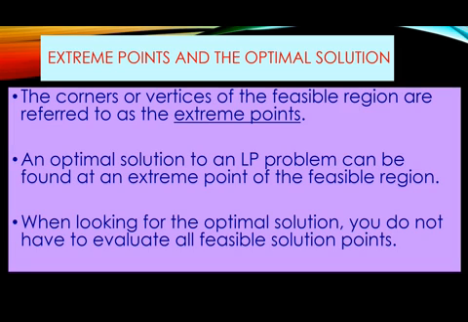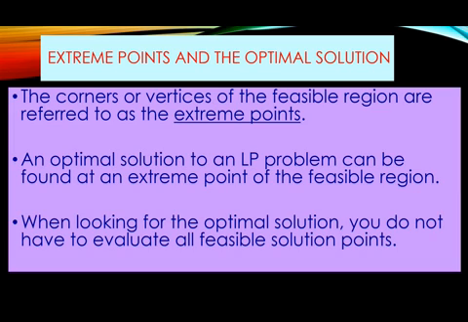Then what is an optimal solution? This we have seen already in the earlier explanations. Out of many feasible solutions, only one solution will be the best possible answer, which will optimize the objective function.